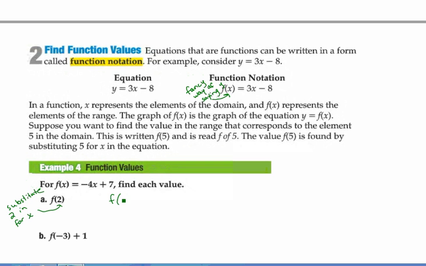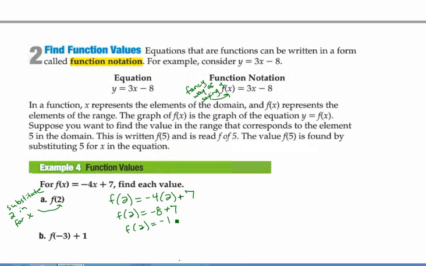We say f of 2 equals negative 4 times 2 plus 7. This is just our way of saying y. So I'm going to keep bringing that down. I have negative 8 plus 7. Going to keep bringing that down, and I get negative 1.